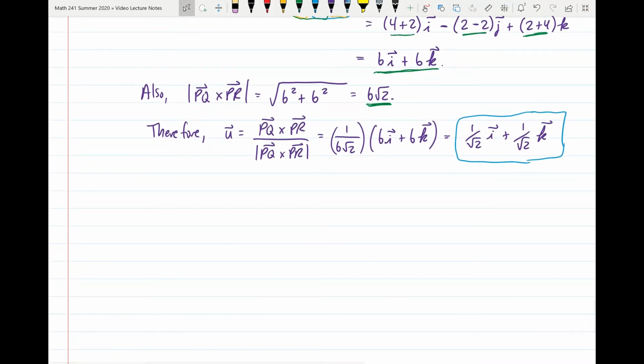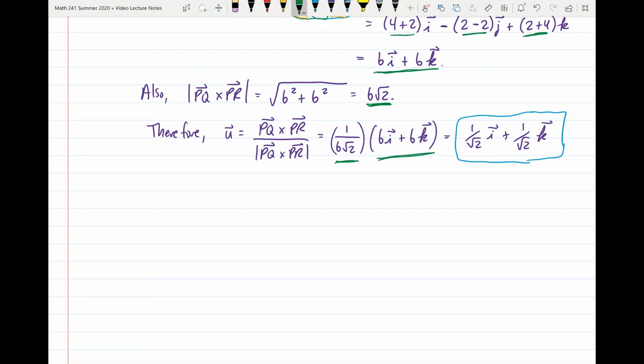And for this reason, we said that U is equal to PQ cross PR divided by the magnitude of PQ cross PR. And that will give us 1 over 6 times the square root of 2 times the cross product of PQ and PR in component form, which we just found.